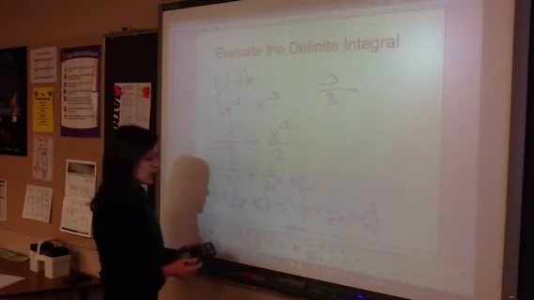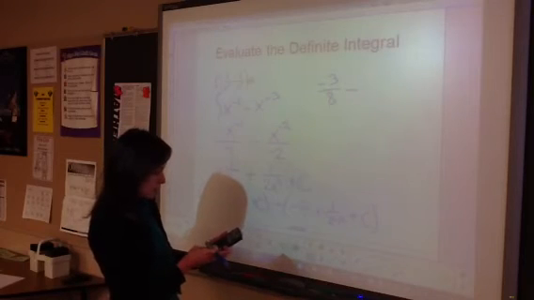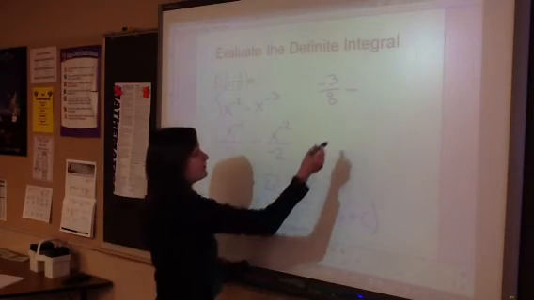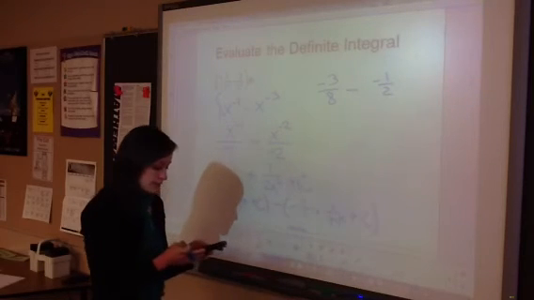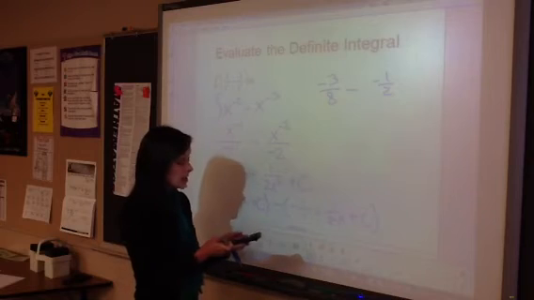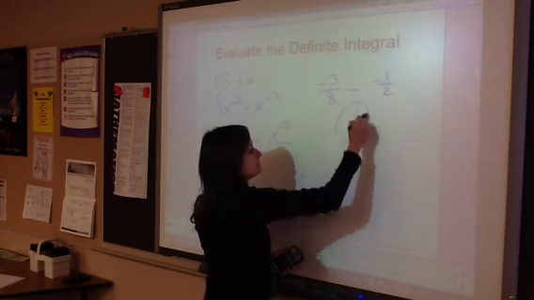And when you plug in 1, you get -1/2. And so we have -3/8 plus 1/2, and that will get you 1/8 for an area.